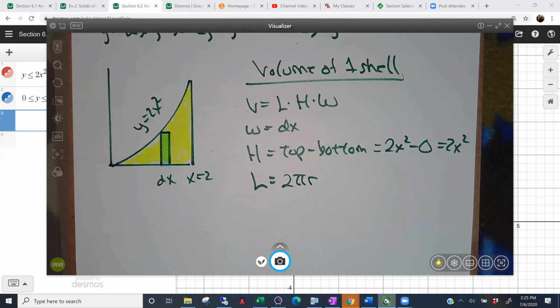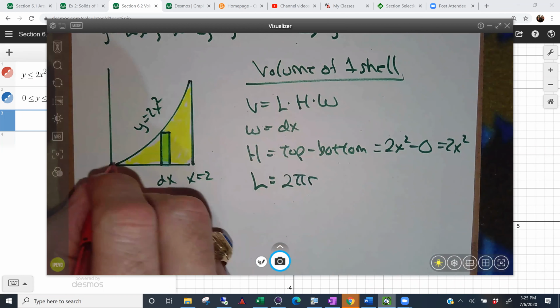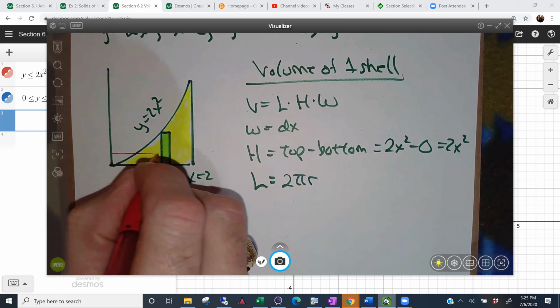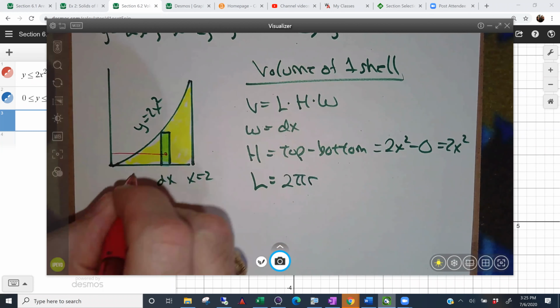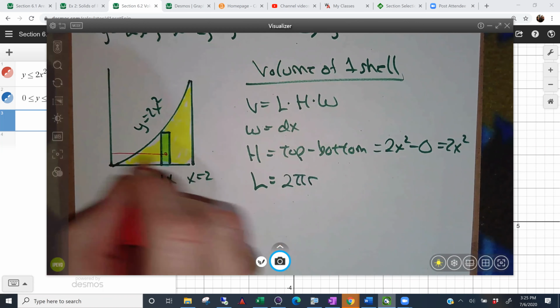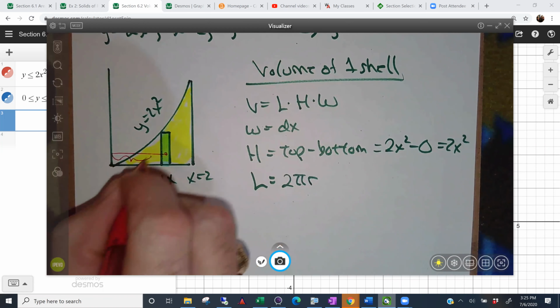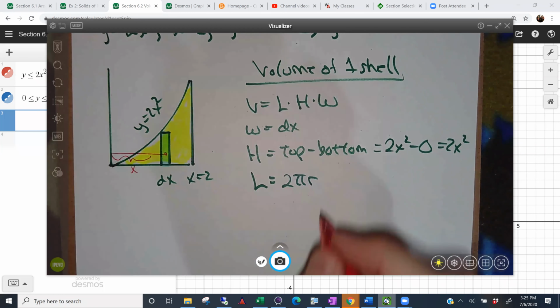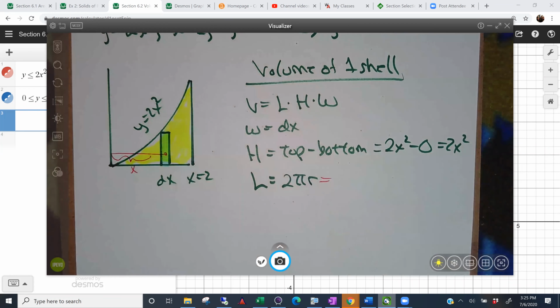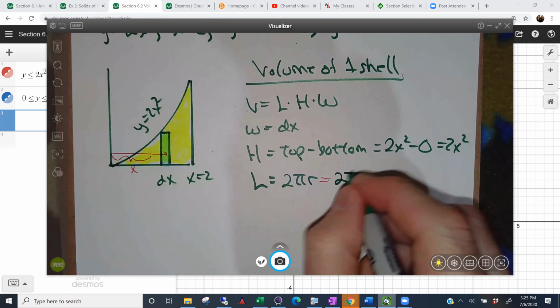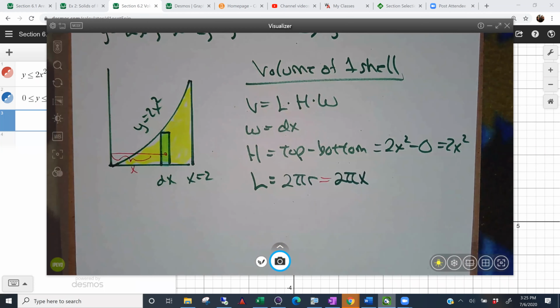Now here's the tough part. The radius, that distance, well, this is just some general point, so that radius is just x. So this will equal 2 pi times x. Okay, that's fine.